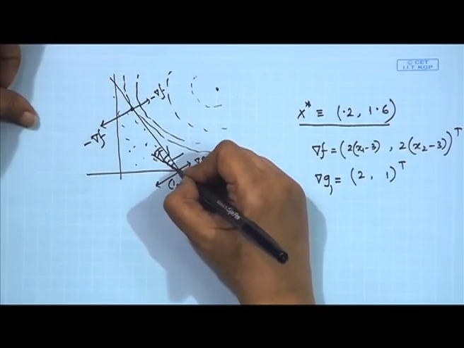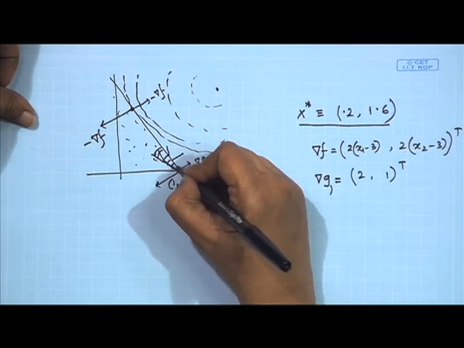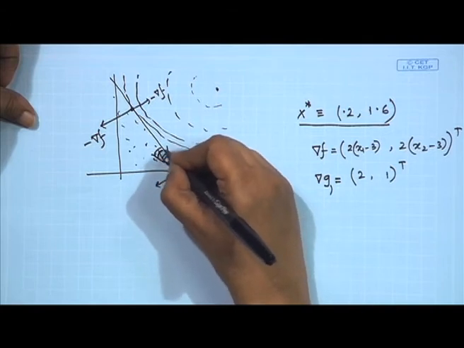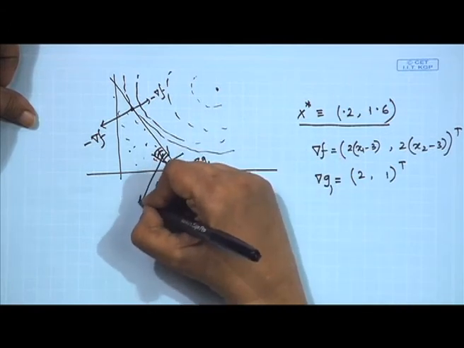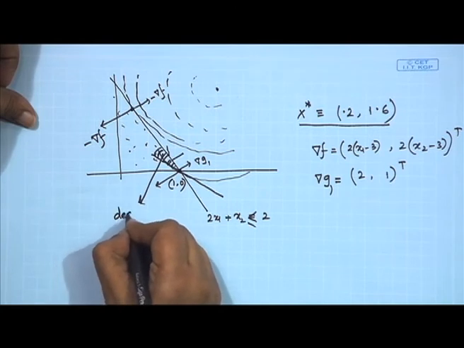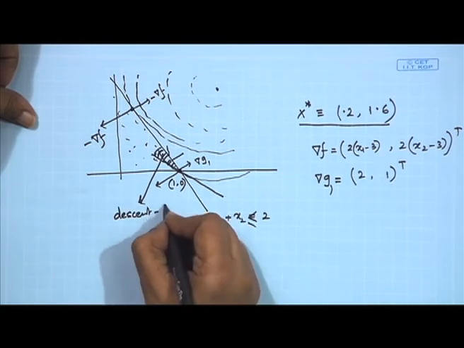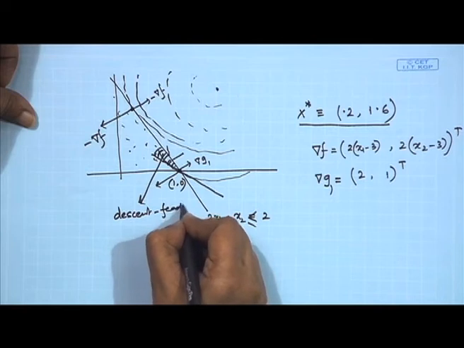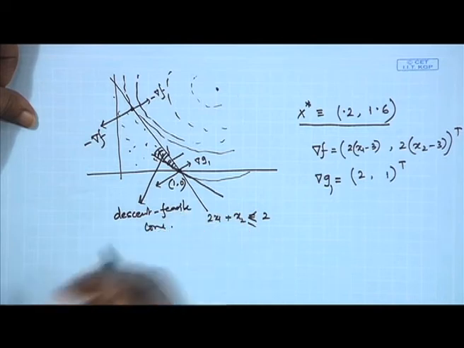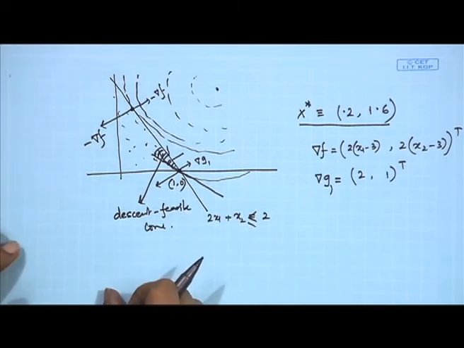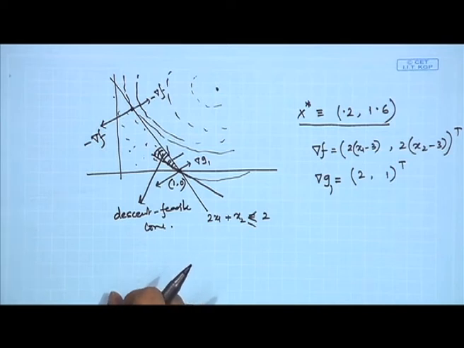The intersection of the two spaces can only happen in this region. That is why we can say this region is the descent feasible region, that is the cone. That was the question given to you.